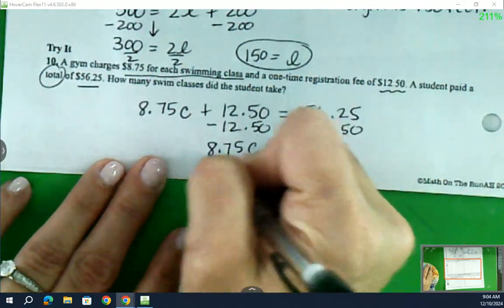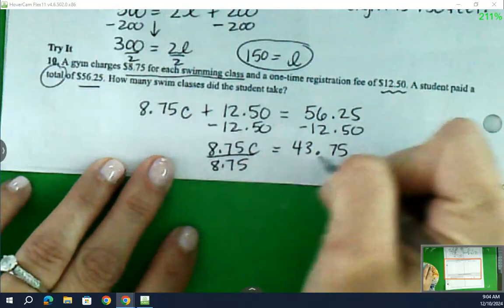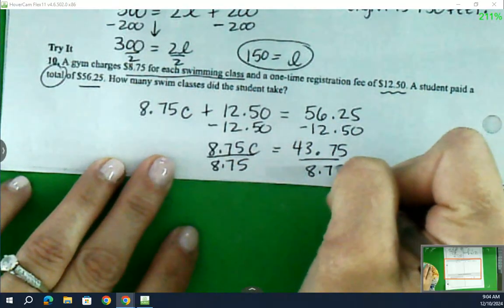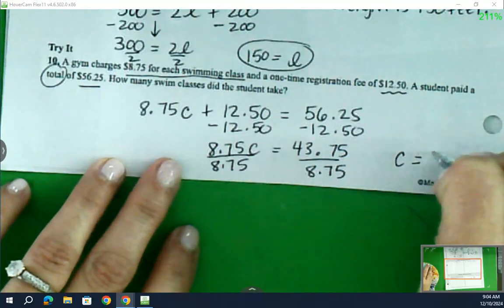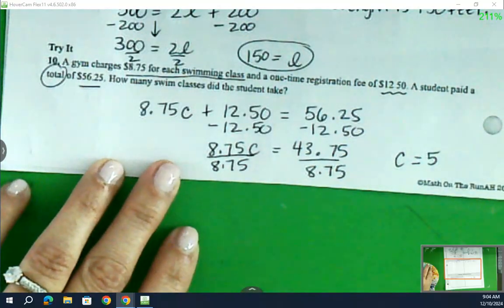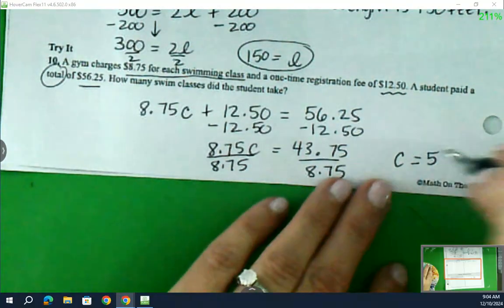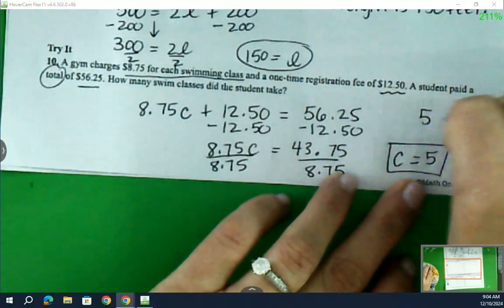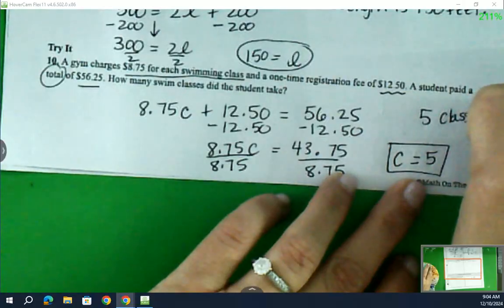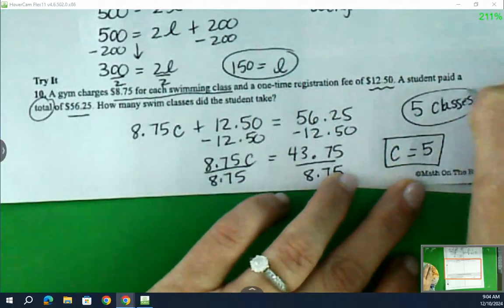So we're going to just divide that by 8.75. And now we know that each class is 5. So 5 classes were purchased.